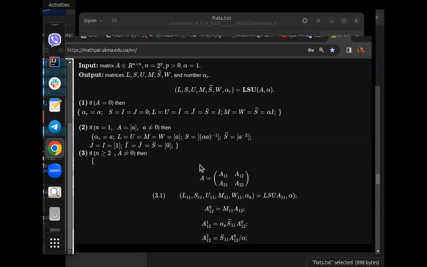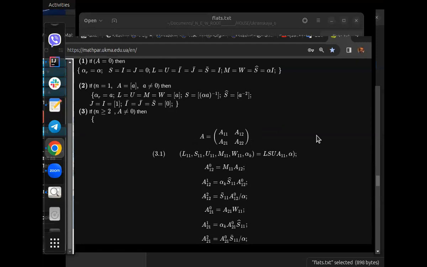And this is the common case, when n is greater than or equal to 2. Then we can divide the matrix into 4 equal pieces, and we will do 4 recursive steps. First, step 3.1, we take the block A11 and do the decomposition with this block A11, and we take the number alpha, that was the input number, and as a result, we obtain such decomposition.